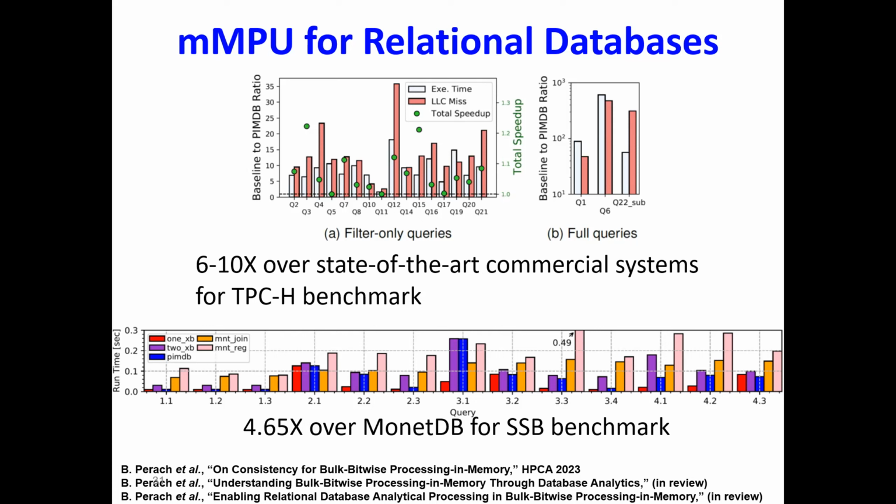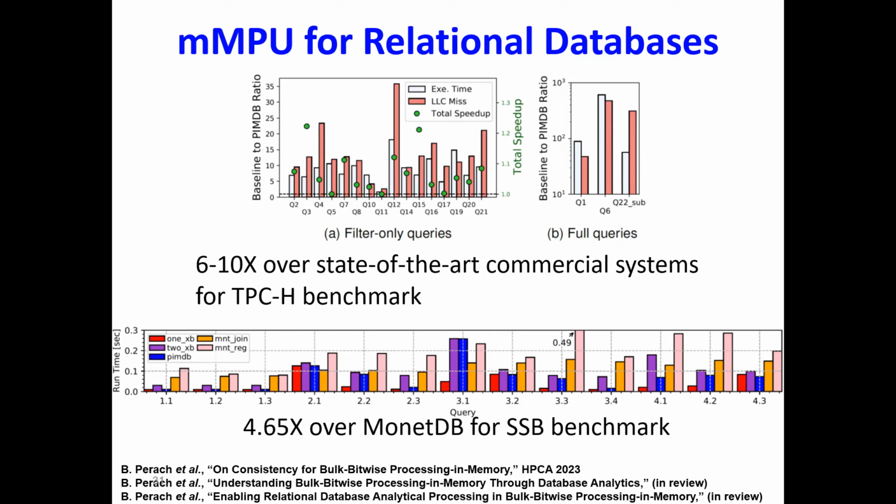And you can see here some results that we have for different database benchmarks. On the top, you can see TPCH, which is a commercial benchmark for relational databases. At the bottom, you can see SSB, with a comparison to MonetDB, which is basically a von Neumann machine, but a real machine that is dedicated for databases.